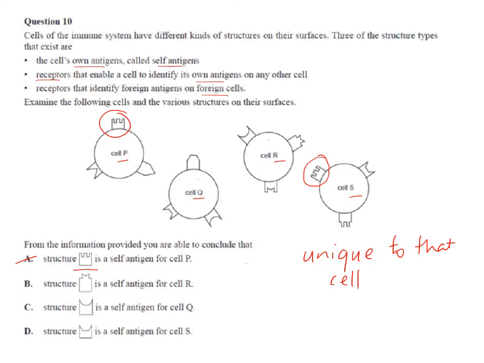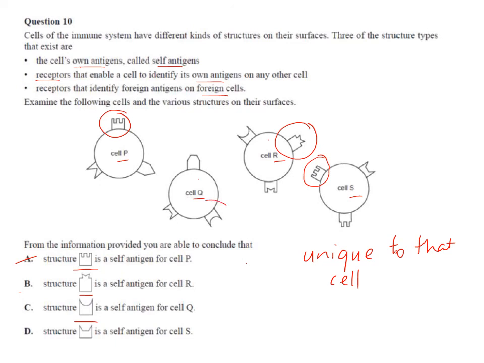But I'll continue on. So this structure, self-antigen for cell R. We've got that here. Have we got it anywhere else? I don't think so. So we'll think this is a possible, but we'll eliminate the others first to make sure we're on the right track. Is this a self-antigen for cell Q?